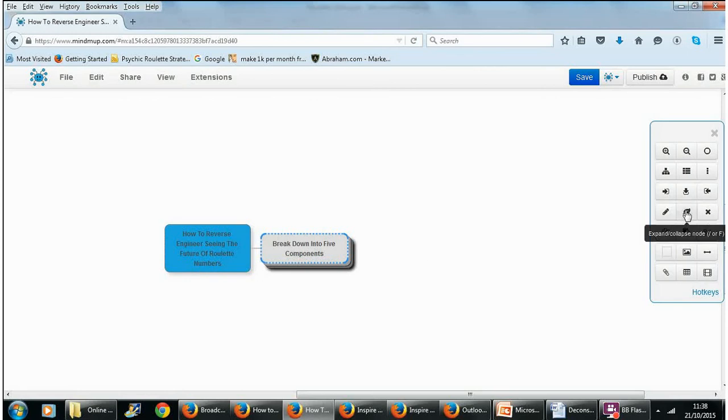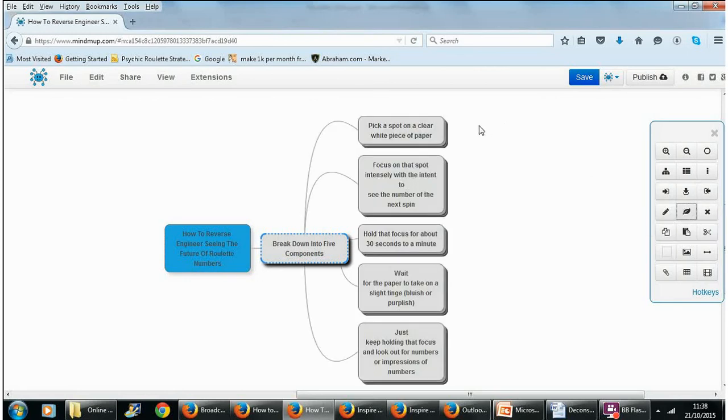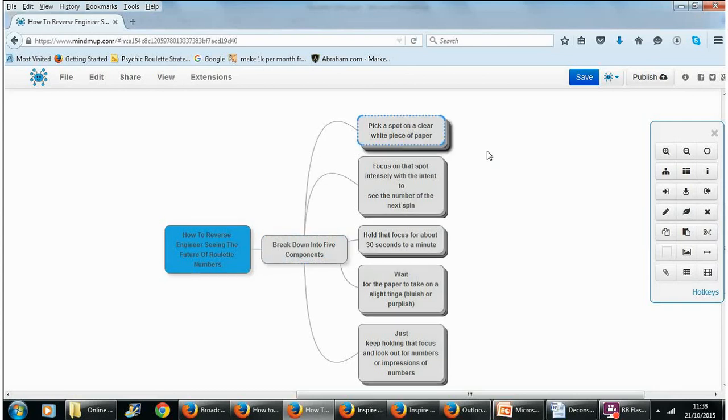Then from that, the 5 components are made up of: the first one is pick a spot on a clear white piece of paper. The second one is to focus on that spot intensely with the intent to see the number on the next spin. The third was to hold my focus for about 30 seconds to a minute.